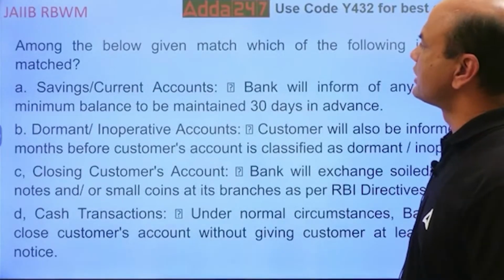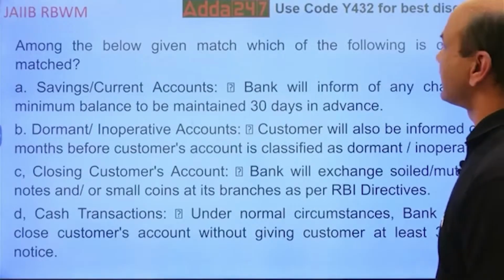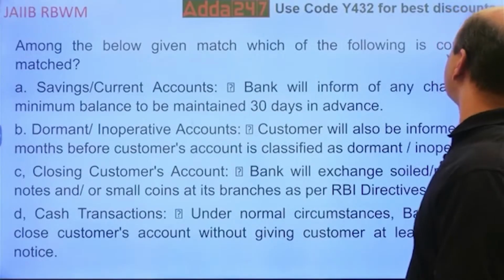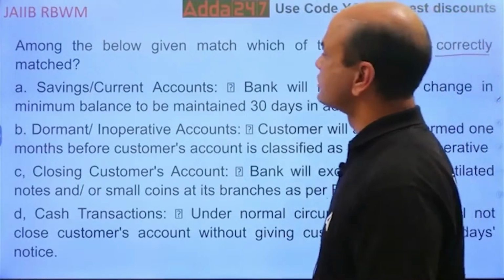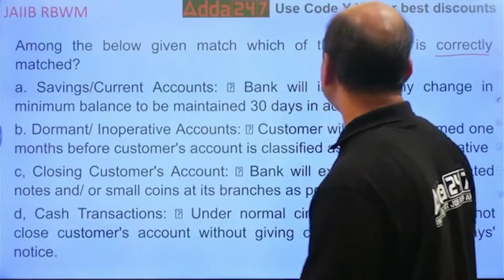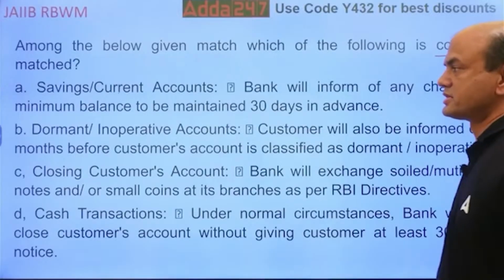Among the below given, which of the following is correctly matched? So you want correctly matched. Saving and current account: bank will inform of any change in minimum balance to be maintained 30 days in advance.